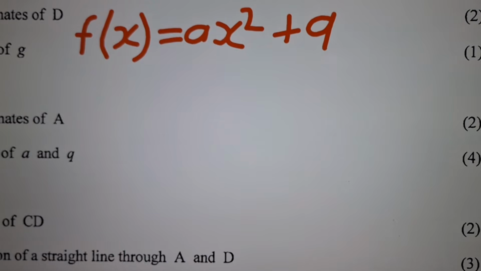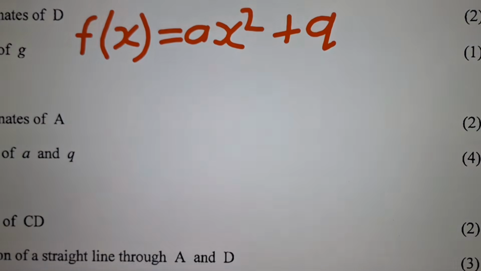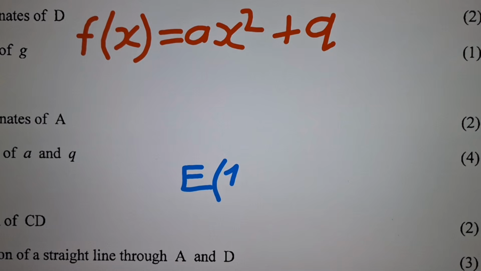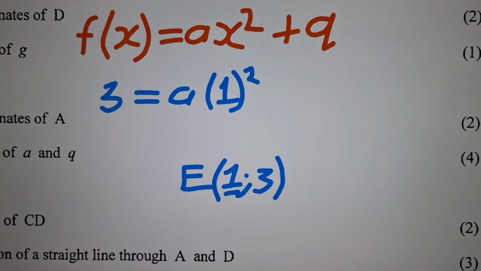Let's start with the coordinates of E. The coordinates of E that we have are 1 and 3, remember, like we saw up there. So in the place of f(x), remember it's y, so our y is 3. I'm going to write 3 in the place of y. 3 equals a, then our x is 1, so in the place of x I substitute 1, so it's 1 squared plus q.